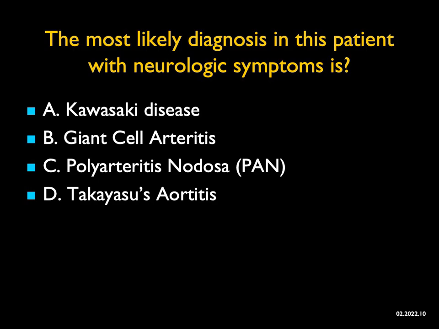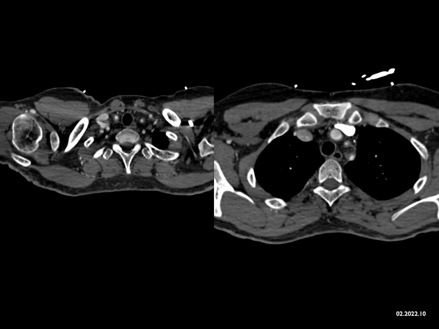The most likely diagnosis in this patient with neurologic symptoms is, well, you look at the images and what do you see? When you look at the patient's left carotid artery as well as the left subclavian artery, the lumen is markedly narrowed and there's soft tissue thickening around the vessel. It doesn't have the appearance of atherosclerosis. This is the appearance of vasculitis.